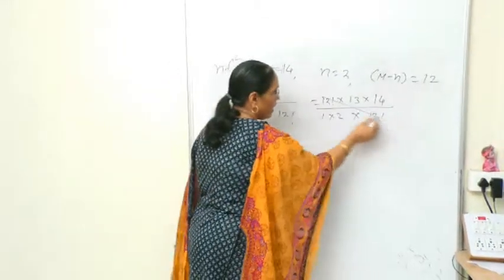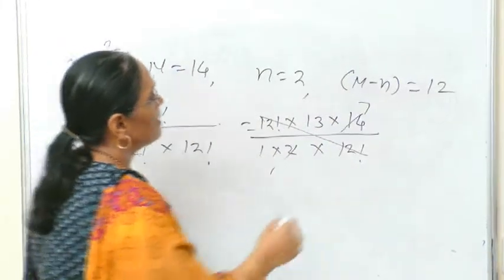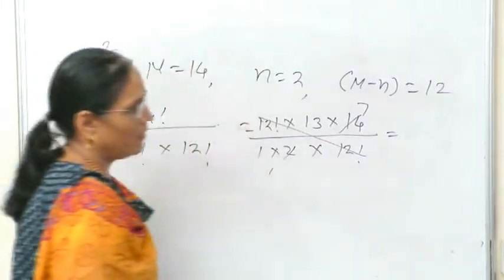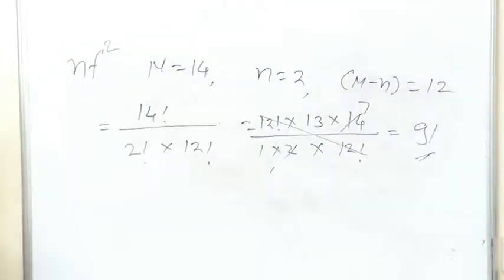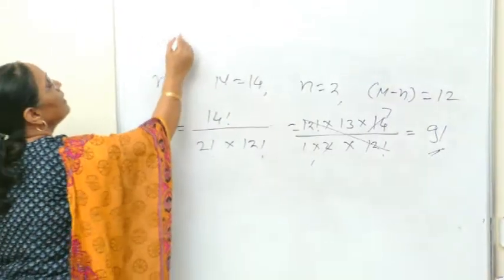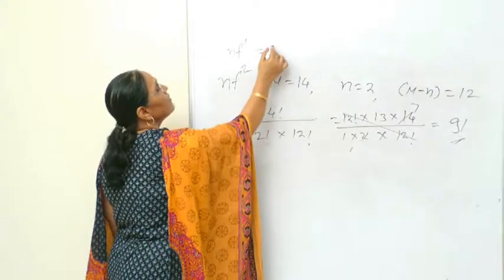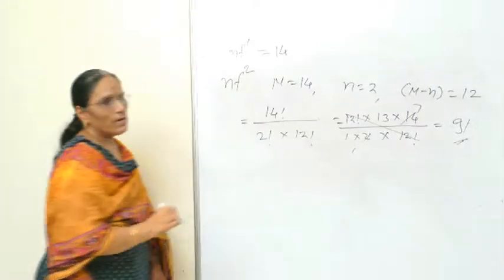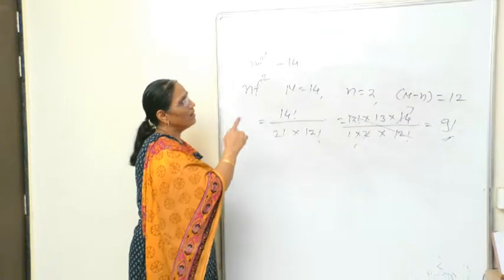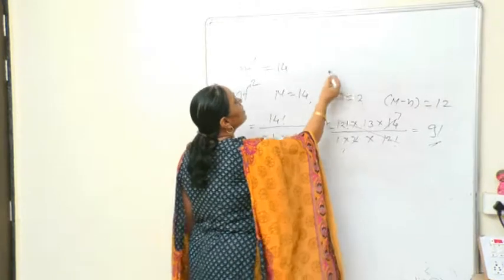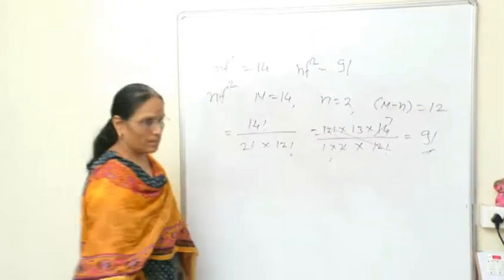So 12 factorial gets cancelled, 2, 7. So the answer is 91. So again you can see that for an nf1 configuration, the total number of microstates was 14, 7 orbitals and in each orbital 2 possibilities for a single electron, therefore total 14, which increases to 91 for an nf2 configuration.